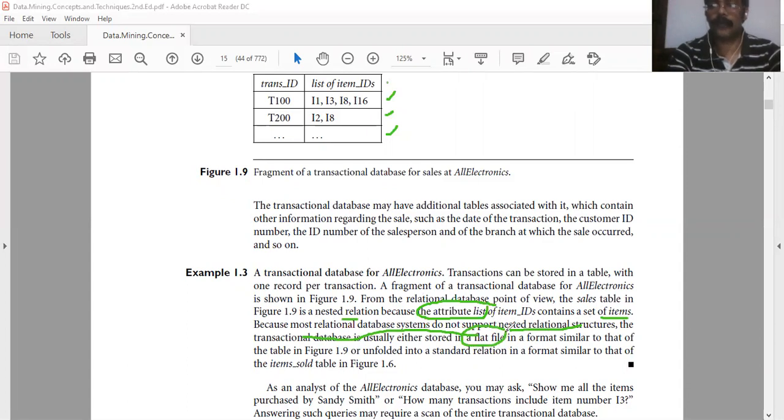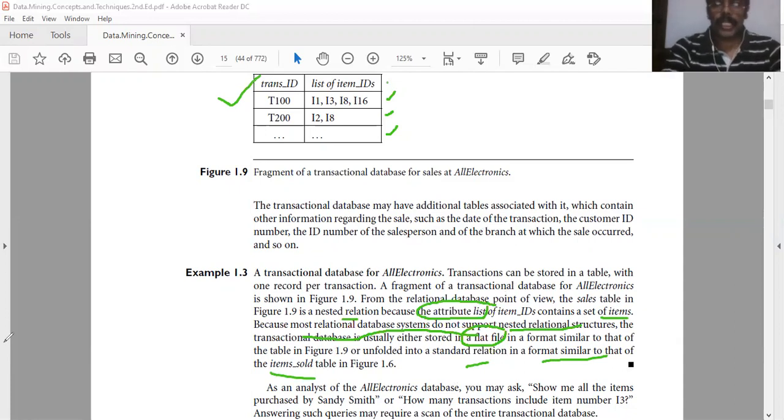The format of the flat file is similar to the figure shown in the example. Or it is unfolded into a standard relation in a format similar to that of the items sold table in the relational database.